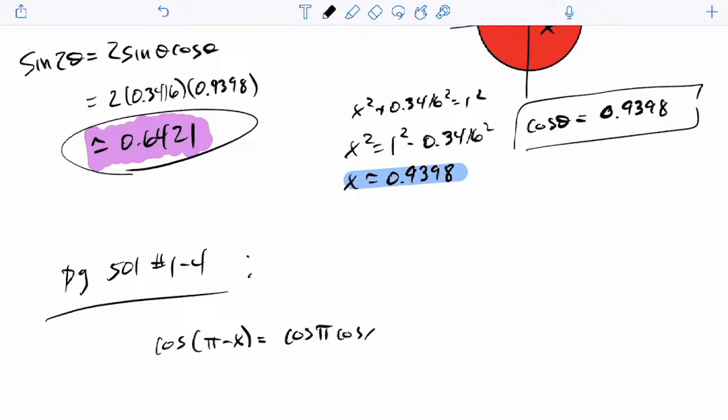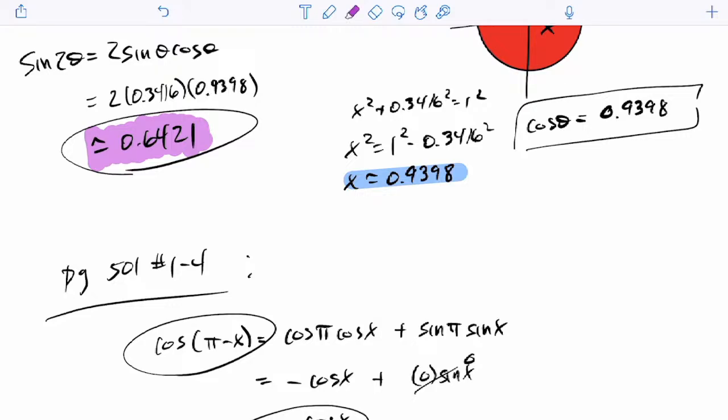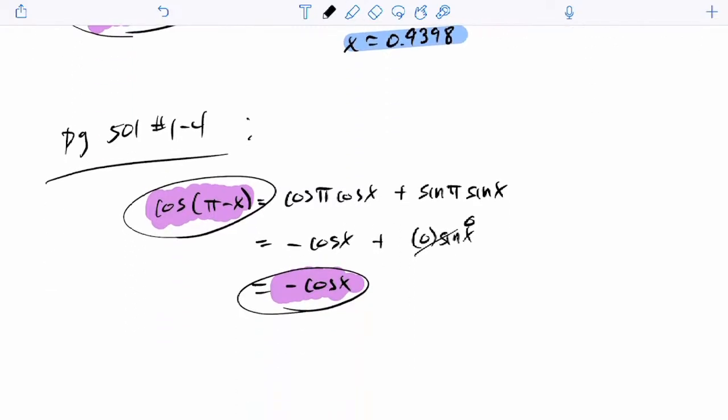This will be cos plus sine of pi sine of x. So this is going to be negative cos of x plus sine of pi is 0. Sine of x, so that goes away. It becomes negative cos of x. Right, so this becomes cos of pi minus x is negative cos of x. And it's the same sort of idea for the other ones. That's number 1.